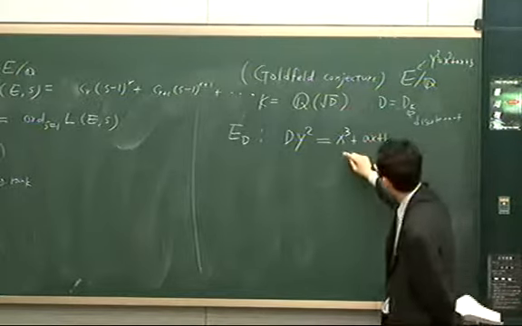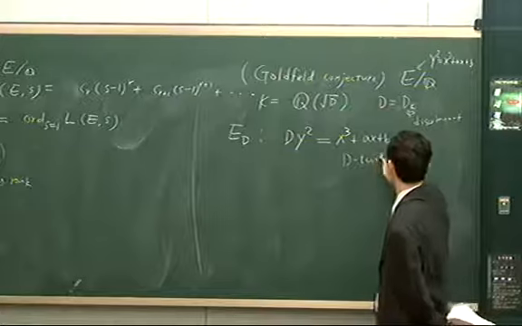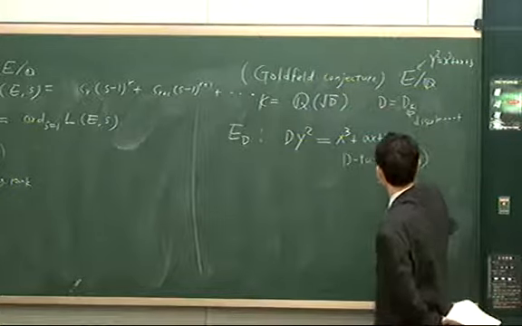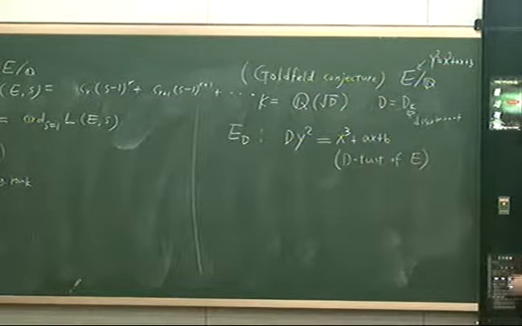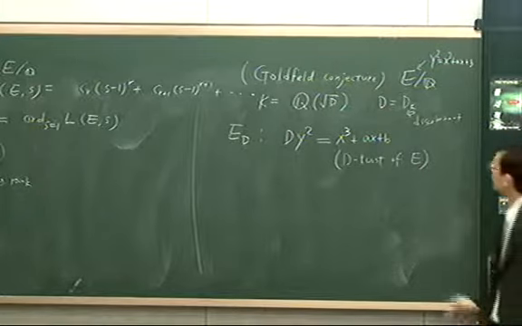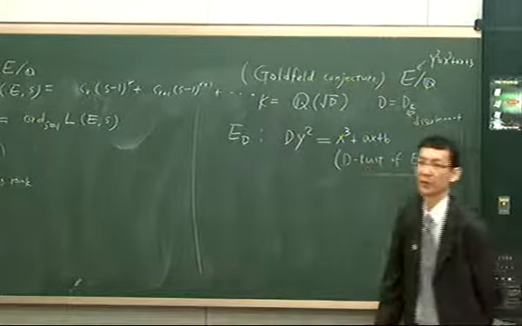This elliptic curve is called the d-twist of the elliptic curve E. And the Goldfeld conjecture is about the rank of the d-twist of an elliptic curve.